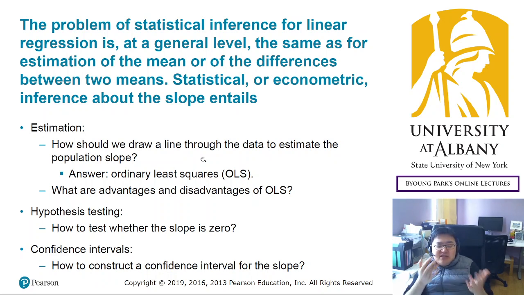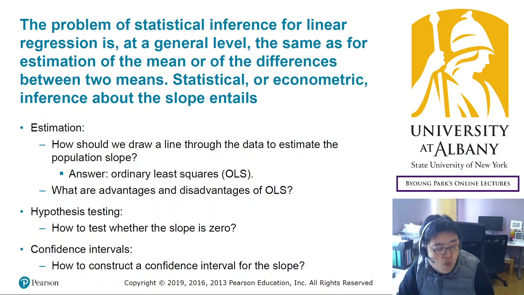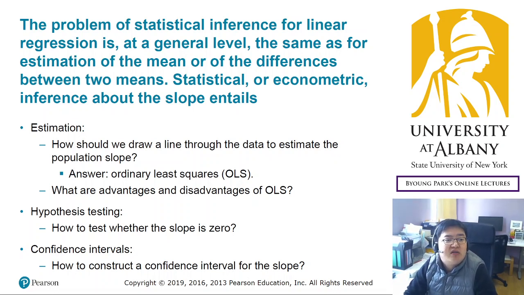And then statistical inference. What kind of inference methods do we need to use? The statistical inference for linear regression can be understood as the statistical inference for the mean, right?